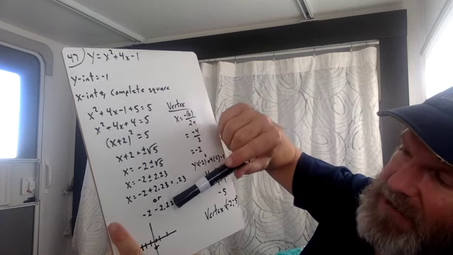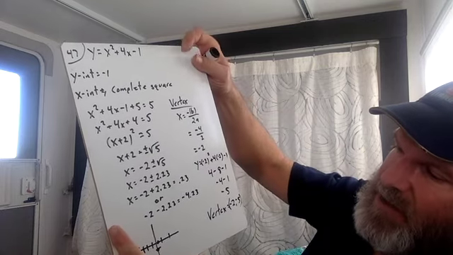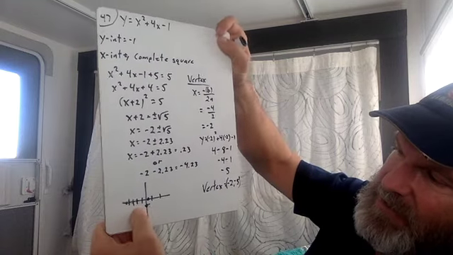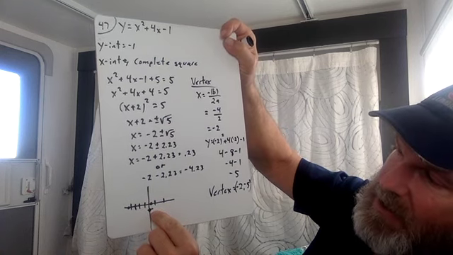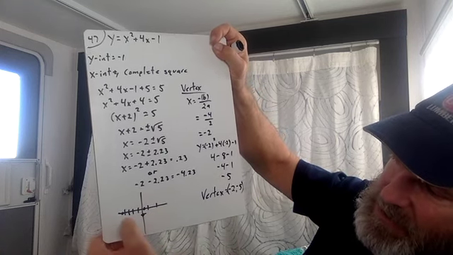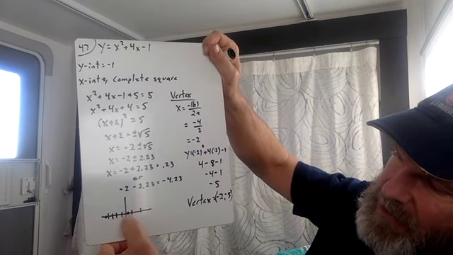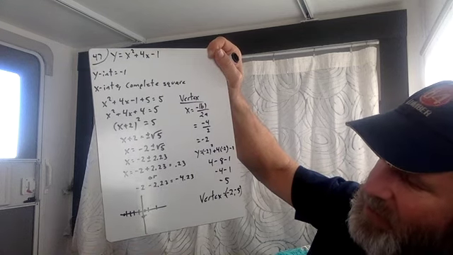And if it's -2 minus 2.23, it's -4.23. So those are my x-intercepts. So those are the 3 points that I found so far, and I've plotted those for you. Right there, 0, -1, that's your y-intercept. -4.23 is just a little bit to the left of -4, and 0.23 is a little bit to the right of the origin, not even to 1. So those are my 3 points.